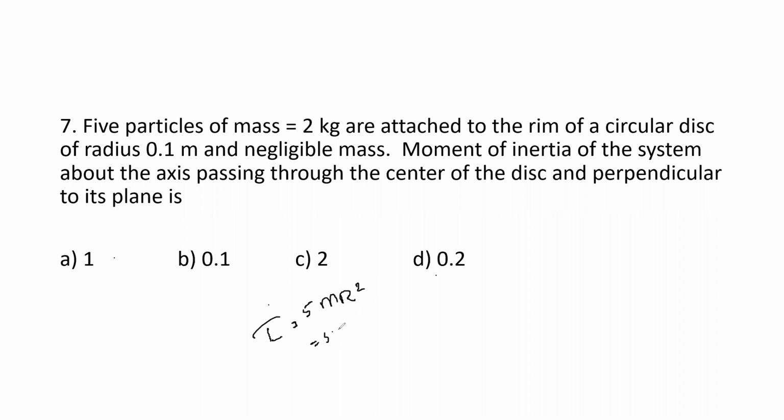That is equal to 5 into m value 2 into r value 0.1 whole square. So 5 into 2 is 10. 10 into 0.1 into 0.1. So the answer is how much? 0.1 kg meter square. That is option B, the right option. Here option B is the right option. Simple question, but we need to know the moment of inertia of a circular disc.